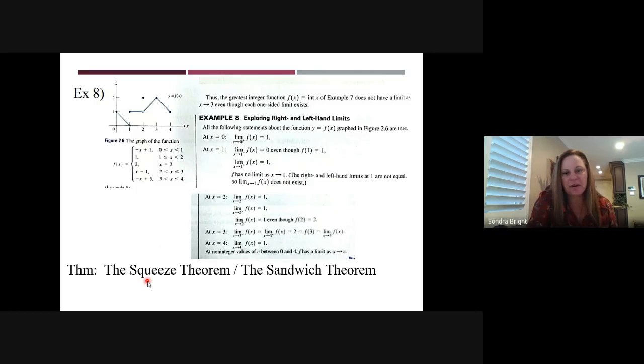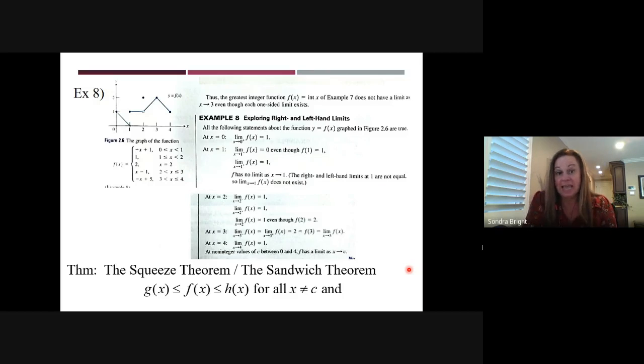One last little theorem that you don't need to stress about right now, but the book introduced it. It's the squeeze or sandwich theorem. That is that if g of x is less than or equal to f of x, and that's less than or equal to h of x. So here we're talking about 3 different functions, and if they're on the graph, g of x might be here, and f of x would be here, and then h of x would be here, right?